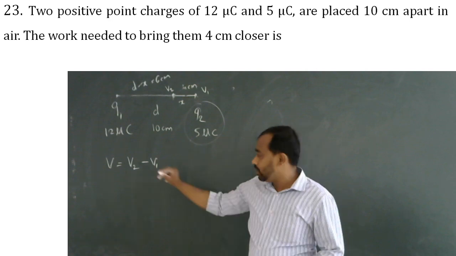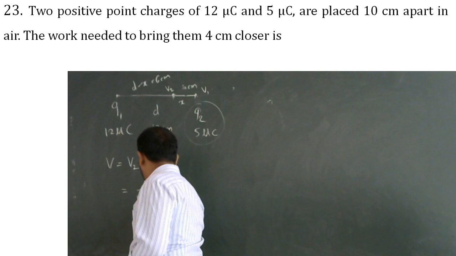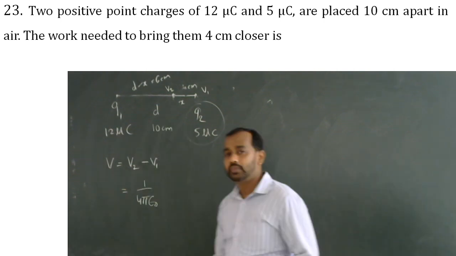Substitute the values of V1 and V2. In both, we need to consider the proportionality constant 1 by 4 pi epsilon naught. Same. And also the source charge is the same, which is Q1. I will write it here itself. But the distances are different.